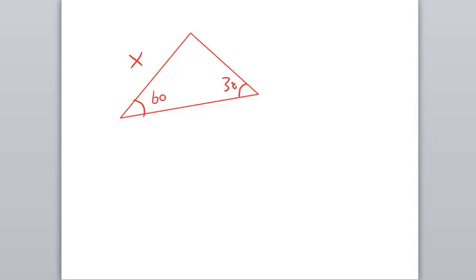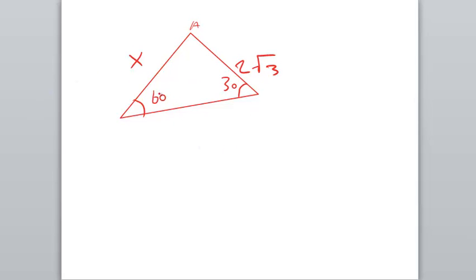Let's say, for example, let's draw our triangle again. Let's say this is the x now, and this is 60 and this is 30, and this is a, and this is 2 root 3.